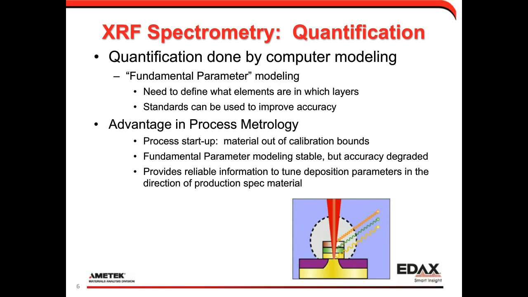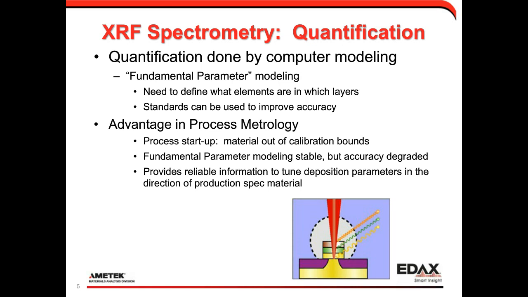One of the nice things about this sort of quantification is that it gives you more stable results even when you're outside of where the quote-unquote calibrated range of the model might be. And even when you're outside of that range, you may not get the best accuracy, but it gives you some general idea of where you are with respect to where you'd like to be, particularly in terms of process metrology.